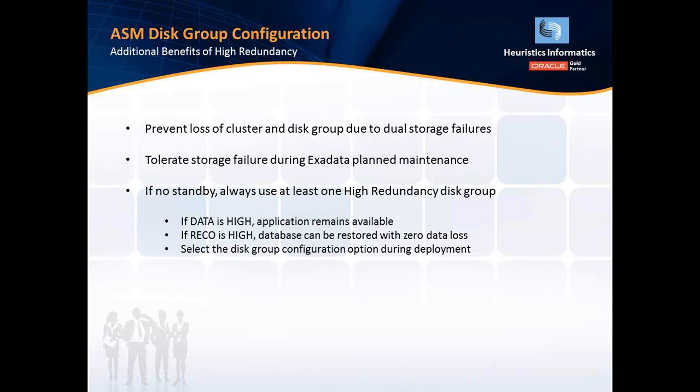It is admittedly a rare possibility, but it does happen. In a normal redundancy, because you have only a single mirrored environment, if 2 disks fail, there is a very high possibility that you will lose some data. In this particular case, because you have a triple mirrored environment, you will protect yourself against the loss of a disk group or a cluster.